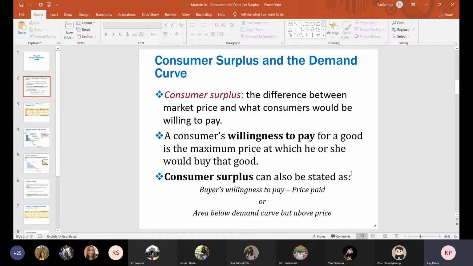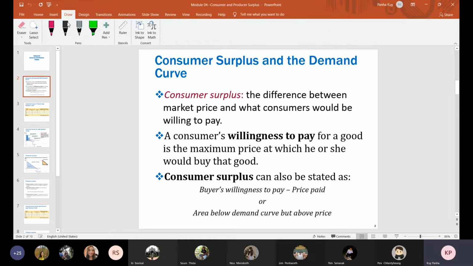Consumer surplus can also be stated as the consumer's willingness to pay minus the price paid, or you can look at the area below the demand curve but above the price. Here is the demand side, and that is the supply side.